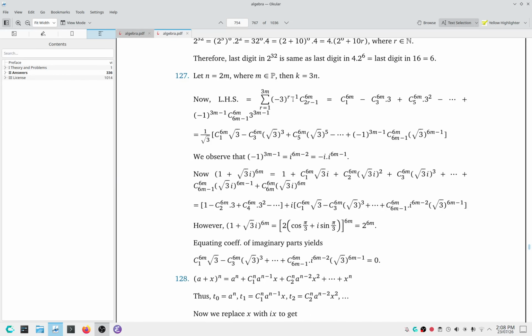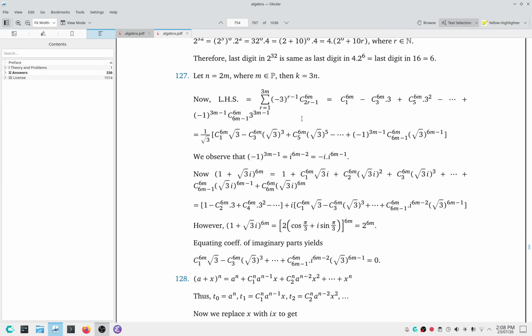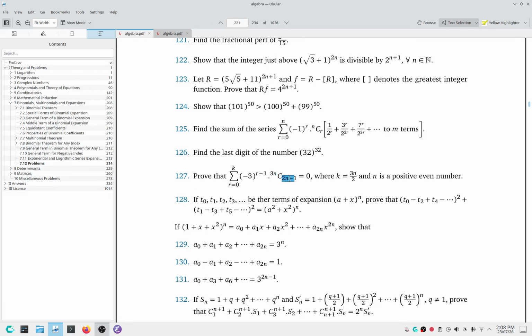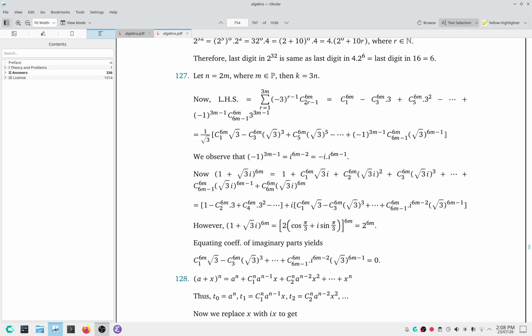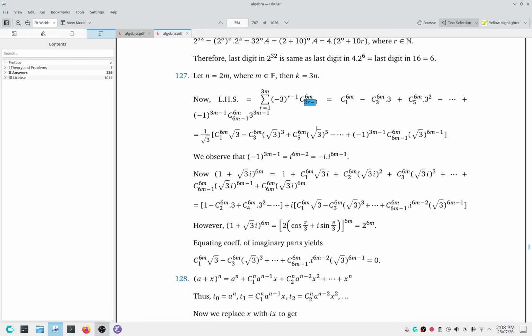Minus 3 to the power r minus 1, 6m c2r minus 1. So 3n is now 6m and 2n minus 1 is actually 2r minus 1. It is incorrectly written. So this should be 1 and this should be 2r minus 1.